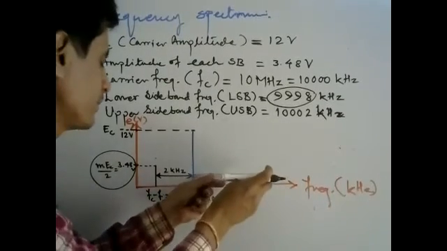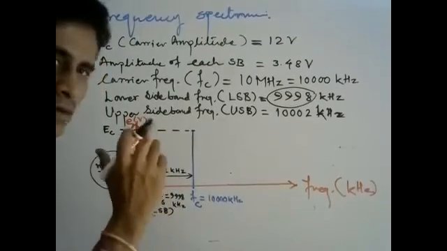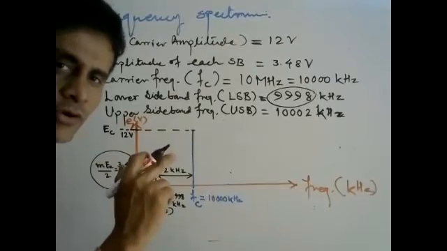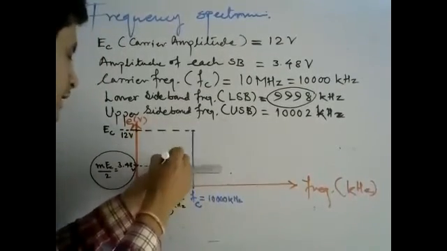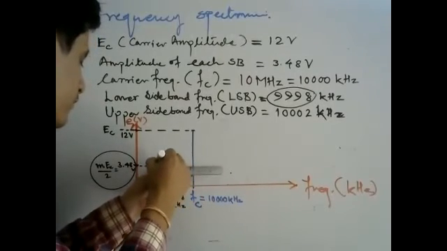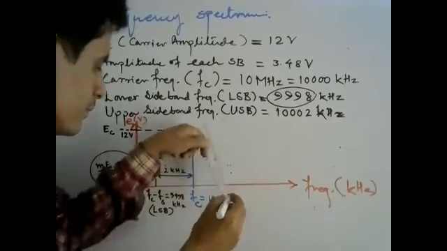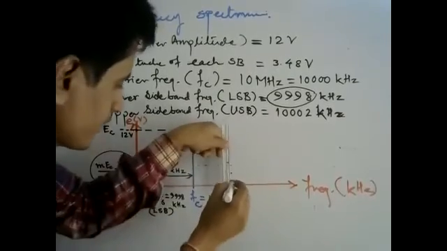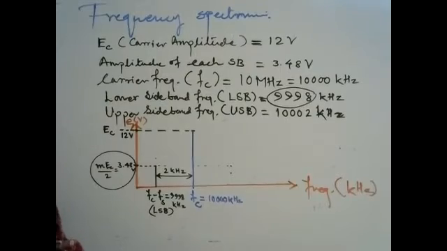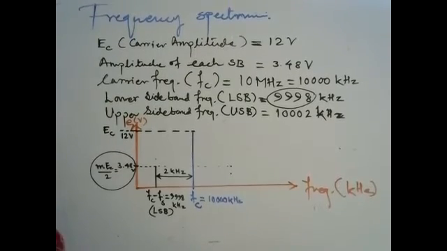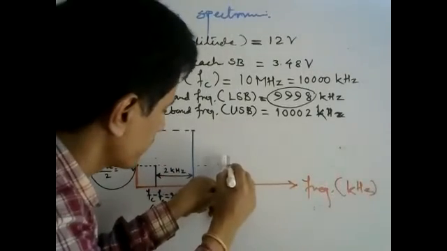Similarly, I will take the same frequency difference for the USB, and the amplitude of LSB is equal to the amplitude of USB. Therefore, I will draw one parallel line, and here I will use a different color, red, for the upper sideband.